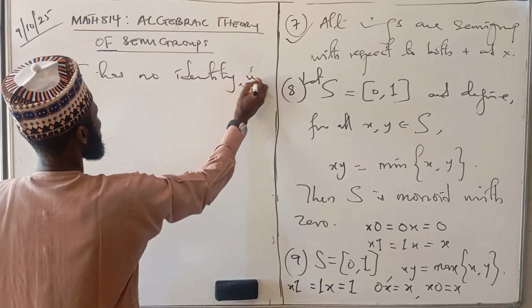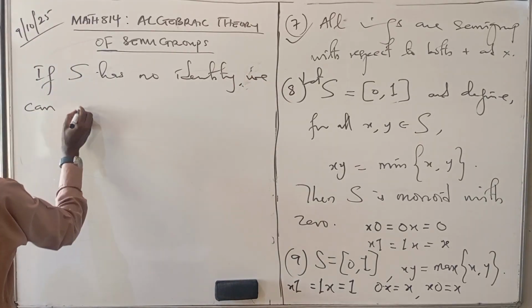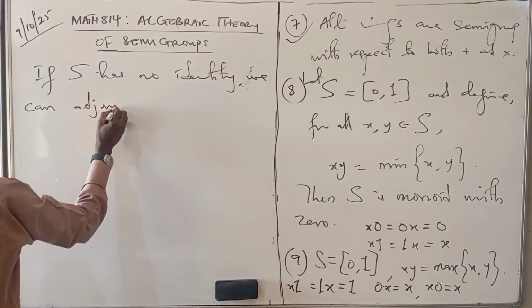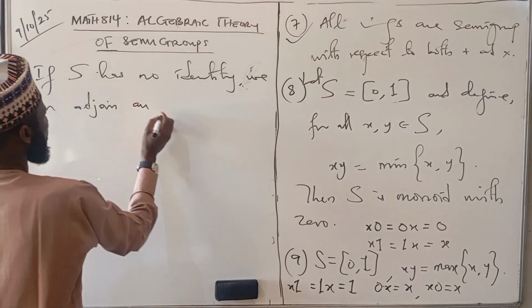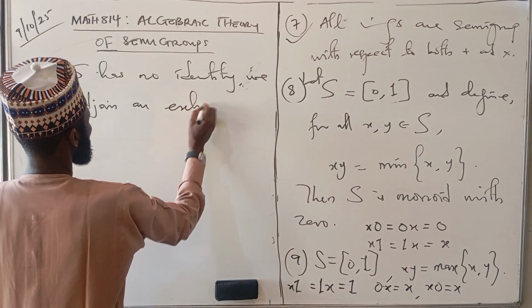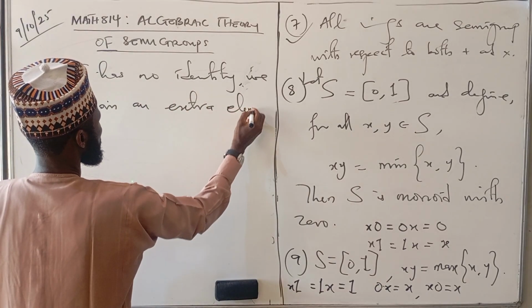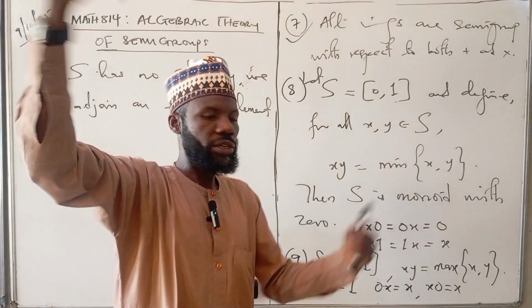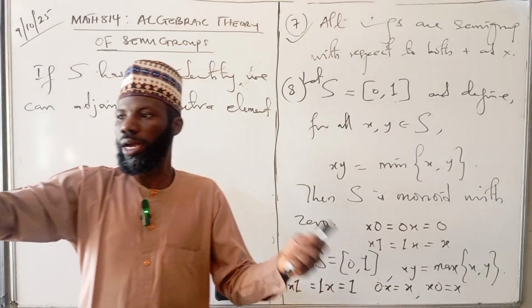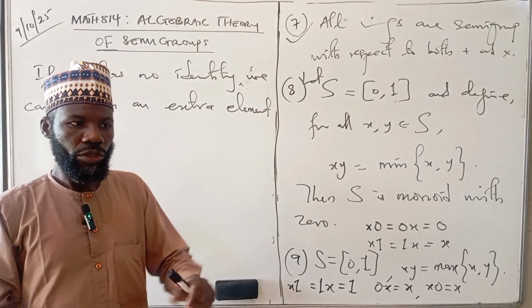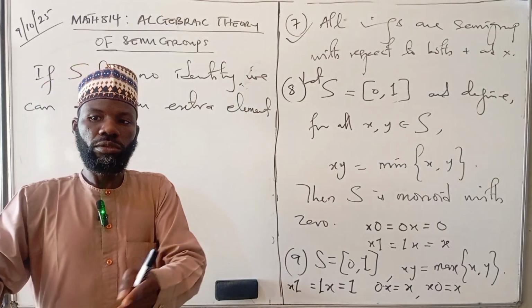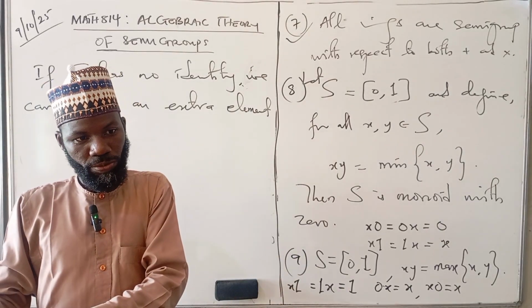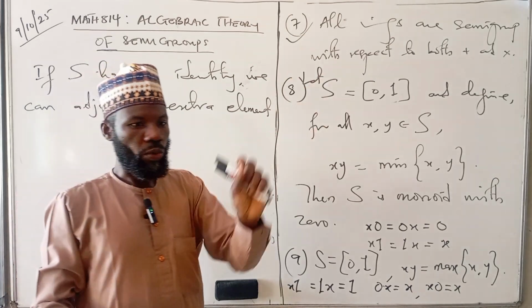we can adjoin an extra element. There is no identity here, so I will pick some element from wherever it is coming from. Just pick an element not already present in the semigroup and label that element 1.